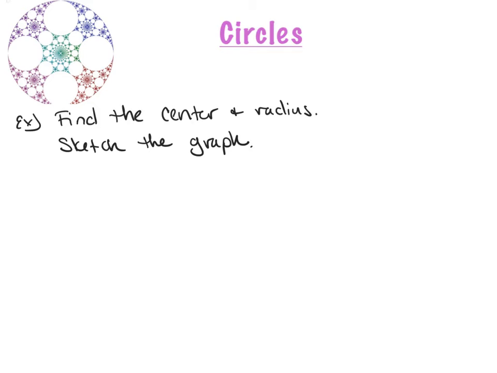Okay, first problem. Let's find the center and the radius of x minus 4 squared plus y plus 1 squared equals 16.